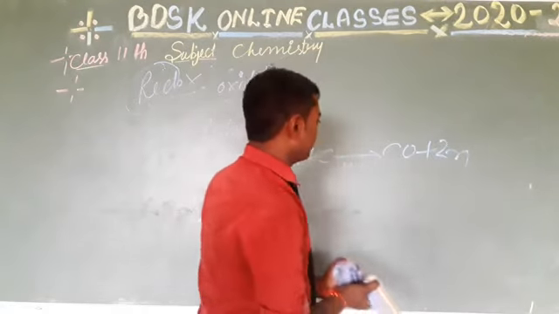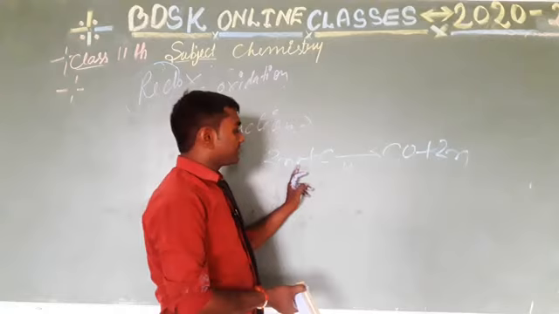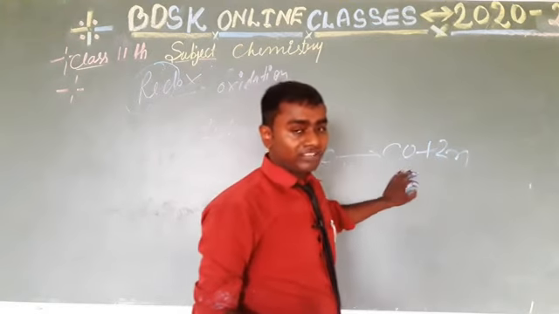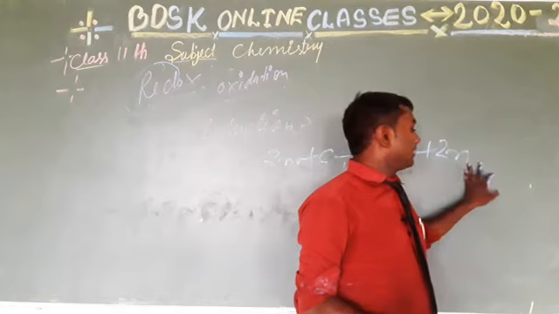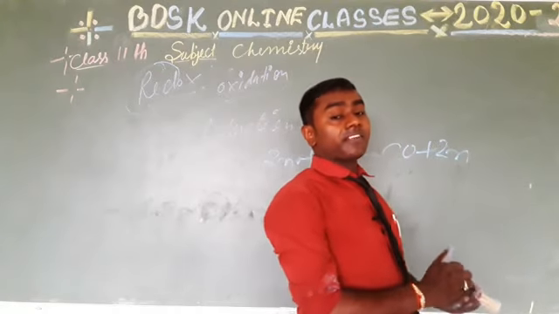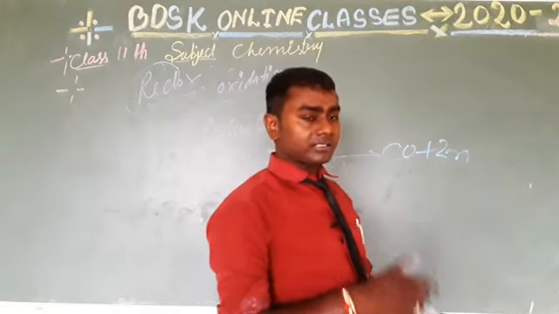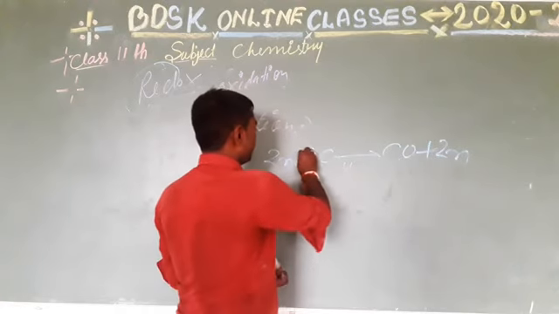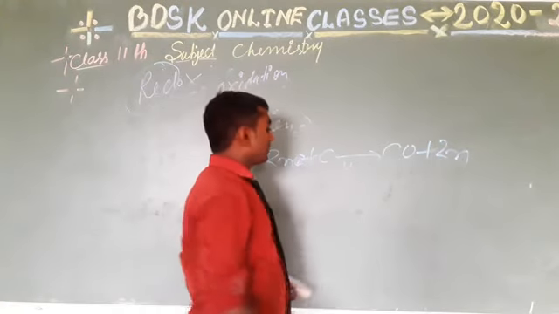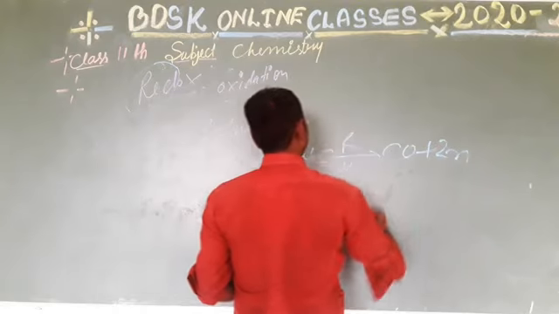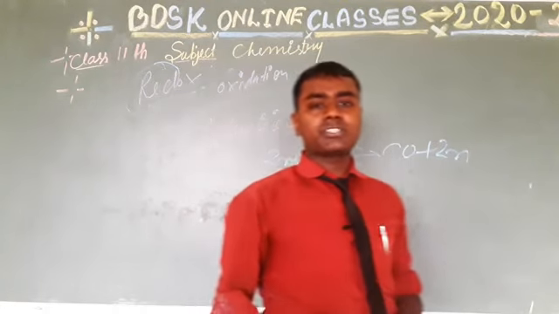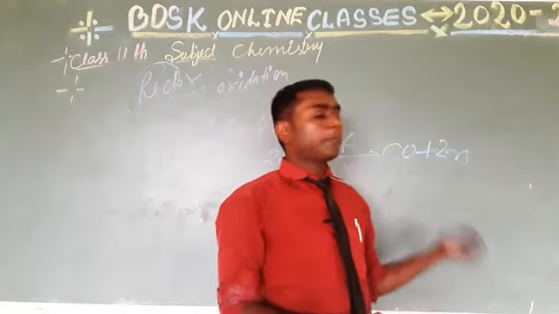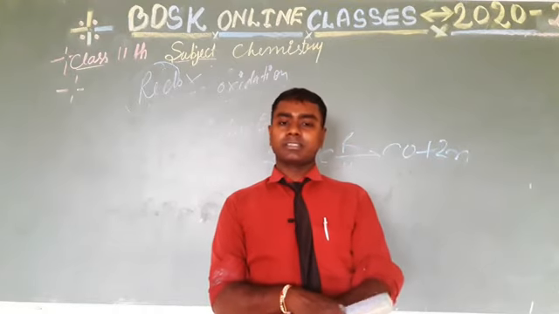So you can see that the oxygen from this zinc oxide is removed to form carbon monoxide and we obtain free zinc metal. So you can see that this oxygen is removed from zinc. That symbolizes reduction, because you know that removal of oxygen is called reduction reaction.